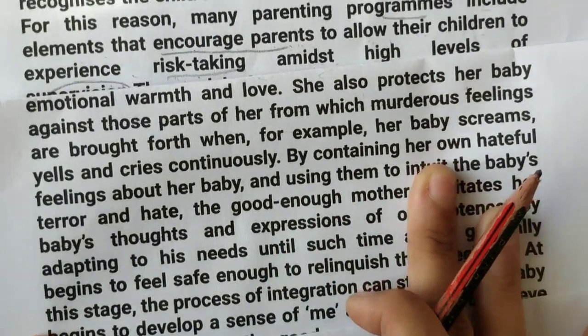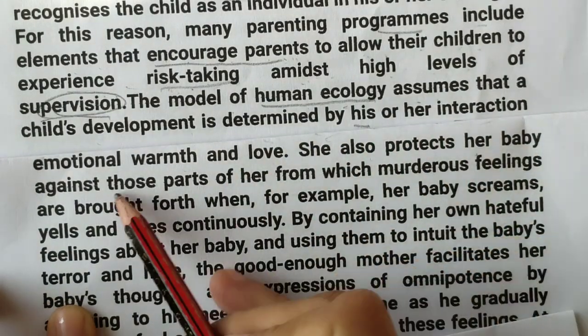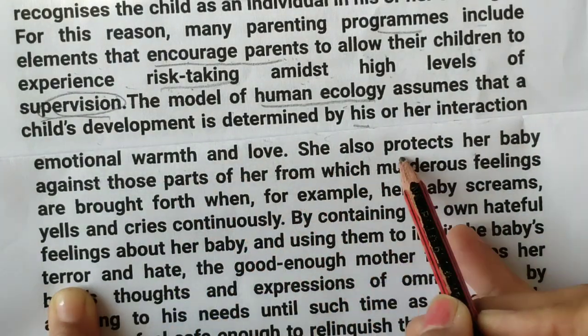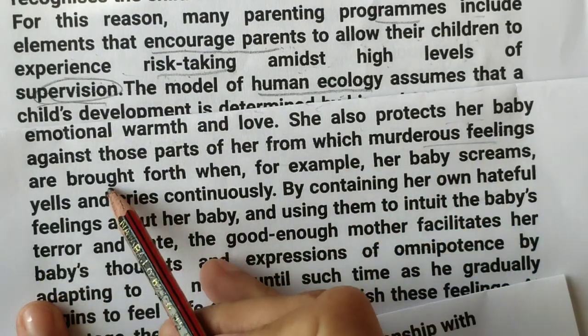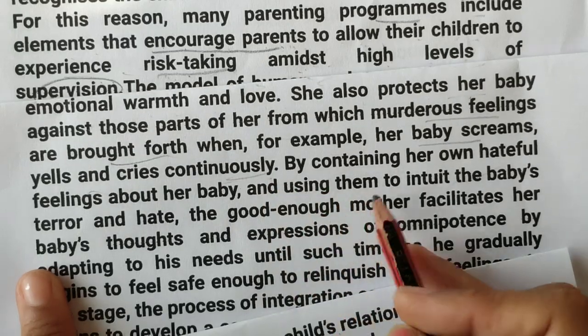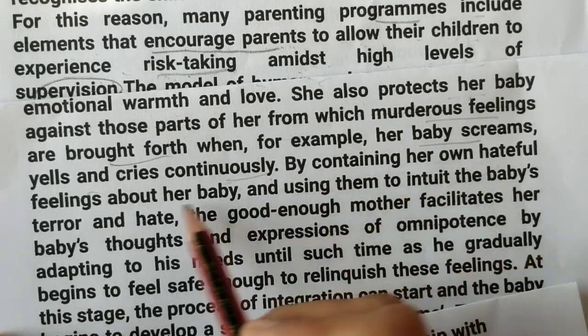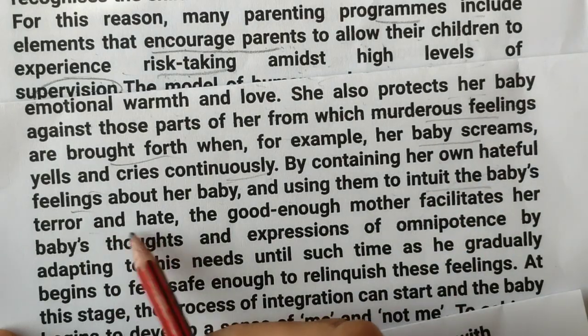So I think emotional, when they are talking about determined by his or her interactional emotional warmth and love, she also protects her baby against those parts of feelings that are brought forth. For example, her baby screams, these negative things, by containing her own hateful feelings about her baby and using them to understand the baby's terror and hate.